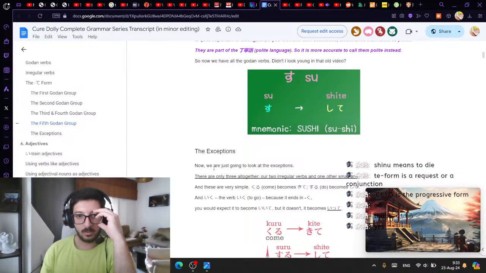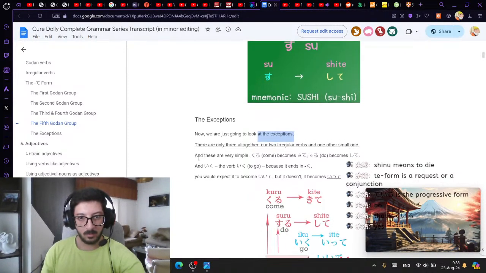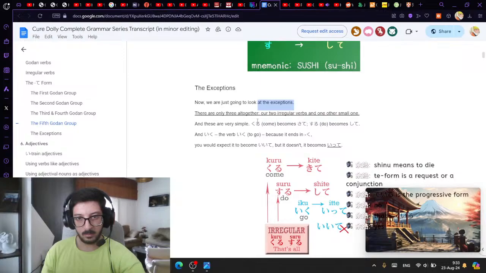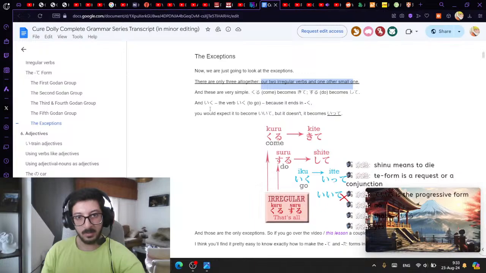Now we are just going to look at the exceptions. There are only 3 altogether: our 2 irregular verbs and 1 other small one. And these are very simple.